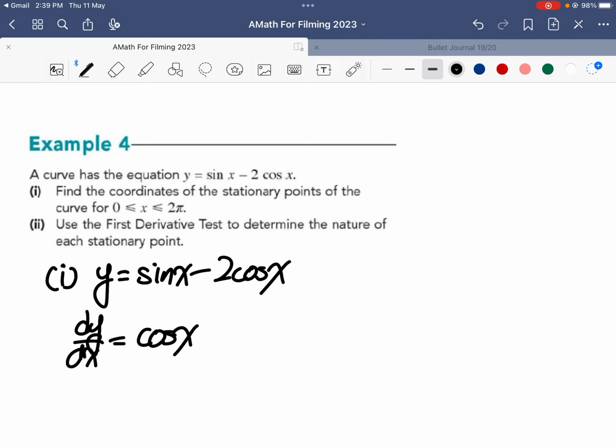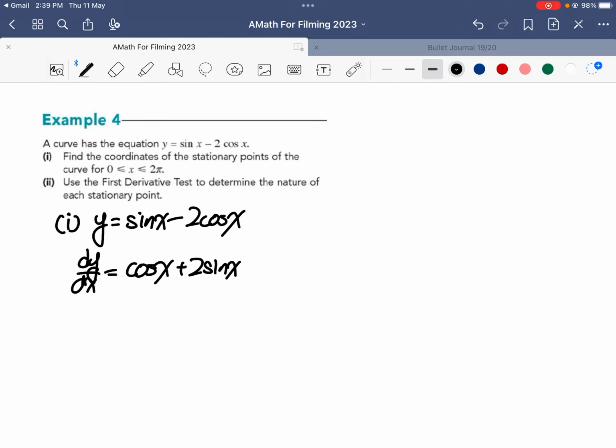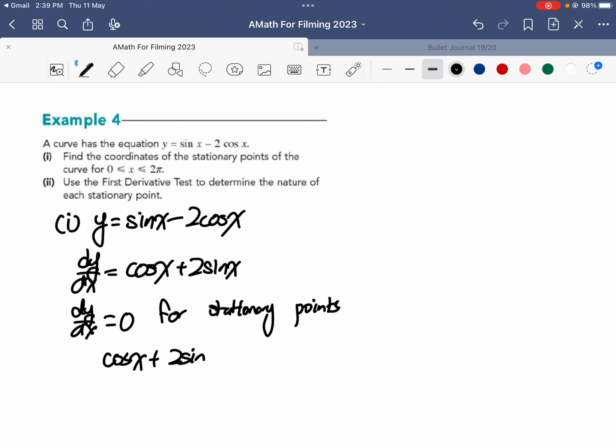Negative 2 cosine, differentiated, gives you negative sine, so here it is plus 2 sine x. For stationary points, dy/dx equals 0. Hence, cosine x plus 2 sine x equals 0.